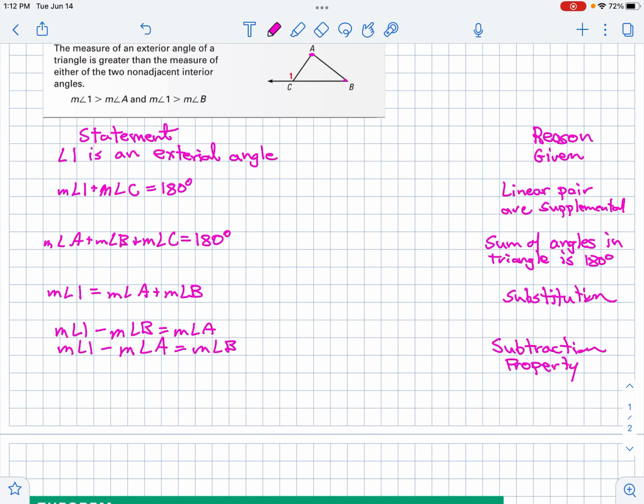Therefore, the measure of angle 1 is greater than the measure of angle A, and the measure of angle 1 is greater than the measure of angle B. So for this one, I would just say definition of addition of positive real numbers.